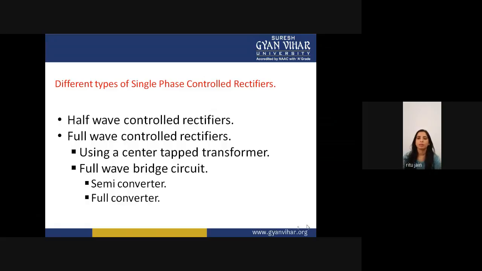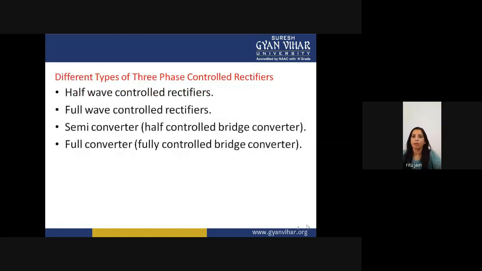So these are the different types of control rectifier: half wave, full wave using a center tapped transformer, full wave bridge circuit, semi converter, and full converter. Now, the different types of three phase control rectifier are half wave control rectifier, full wave control rectifier, semi converter, and full converter.